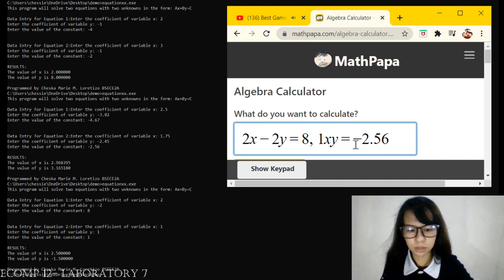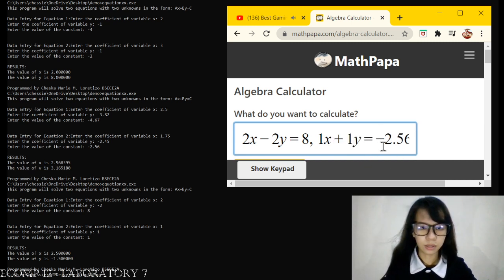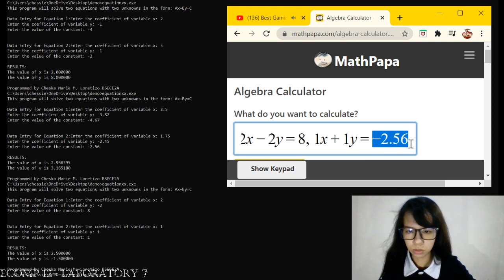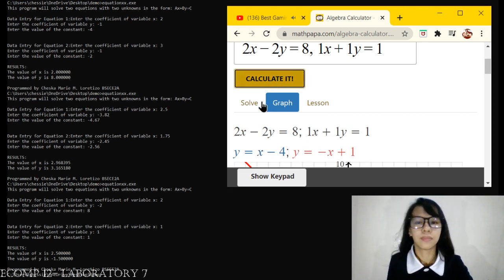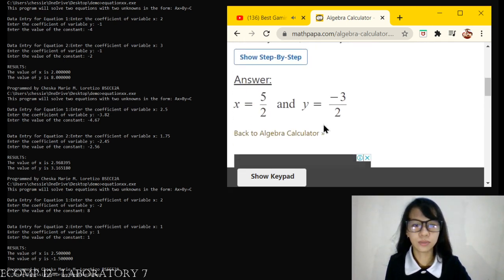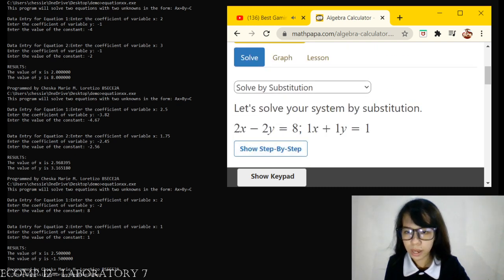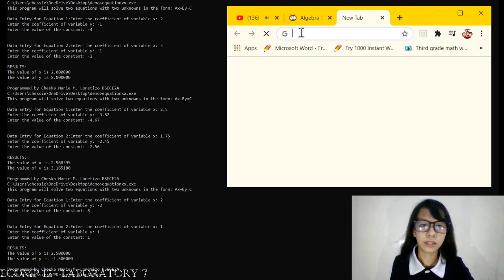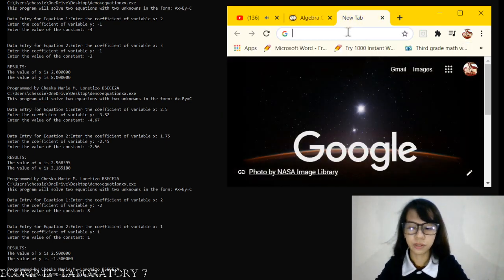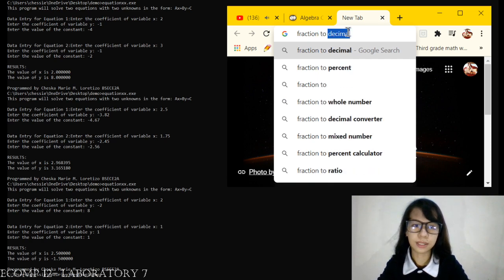We're going to change it because it's positive. And for the y is equal to 1 also. And let's calculate it. Now let's see this result. I see it's in fraction, so let's see it in fraction to decimal.